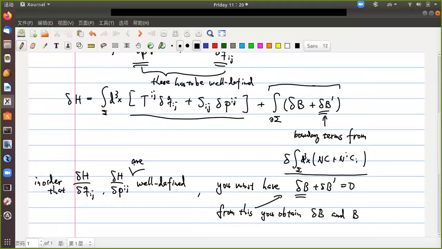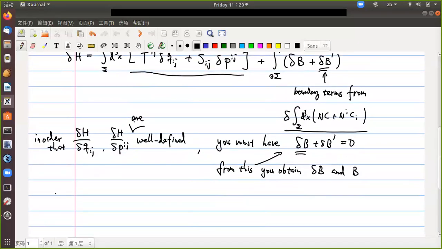Once you get this B, you know the total energy, the total Hamiltonian, of the gravitational field.